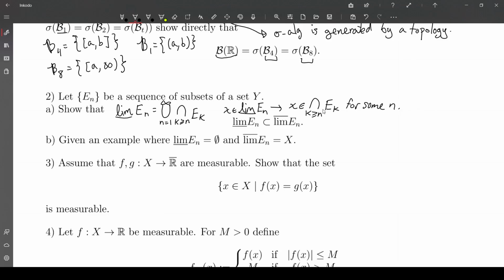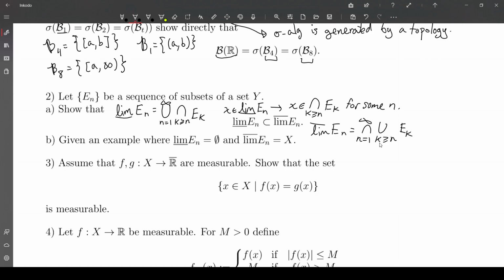Meaning that x is in E sub n plus 1, and so on, right? x is in all the E sub k values past E sub n. The lim sup is defined similarly, with just flipping the union and intersection. So here this is the intersection of all the unions past a certain point.